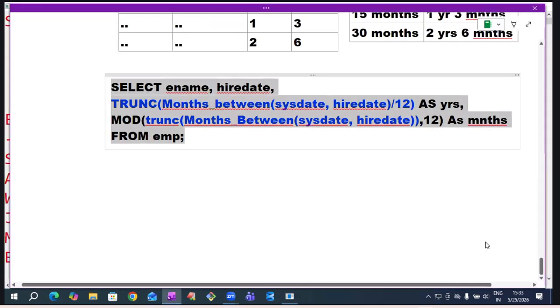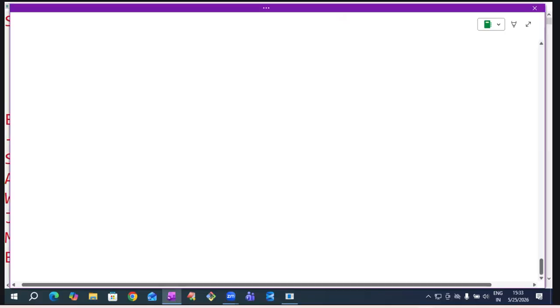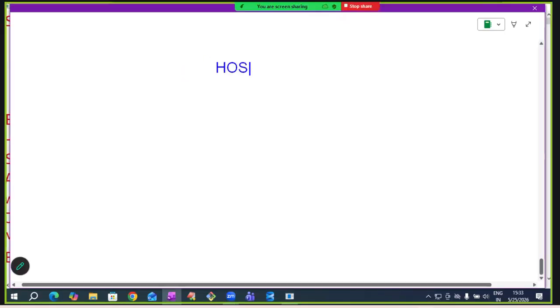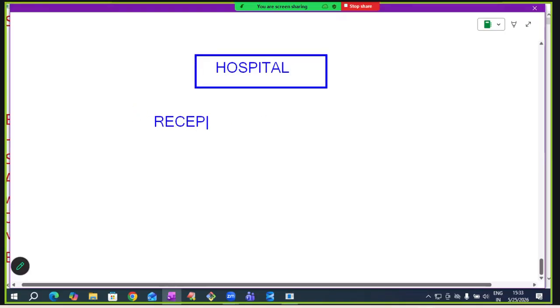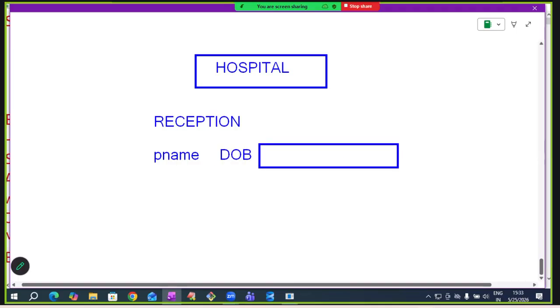So one real time scenario I'm telling, sir. When you visit the hospital for the first time, when you are taking an OP at the reception, they ask for patient details. They ask the patient name, patient date of birth. They enter the date of birth here.